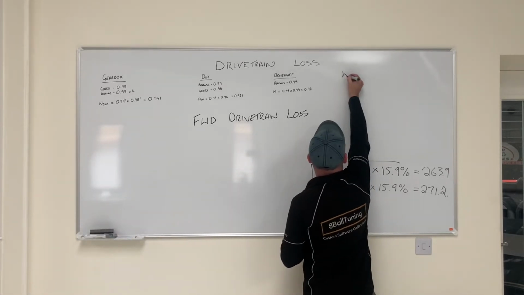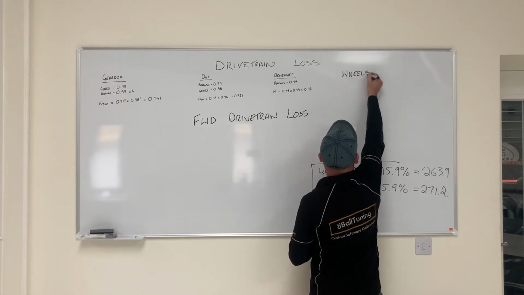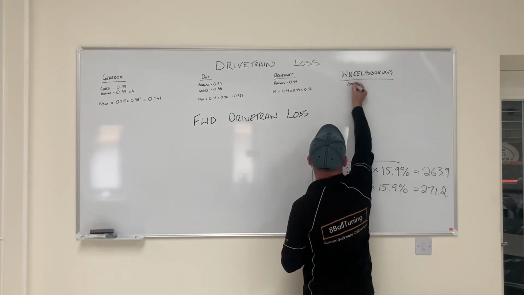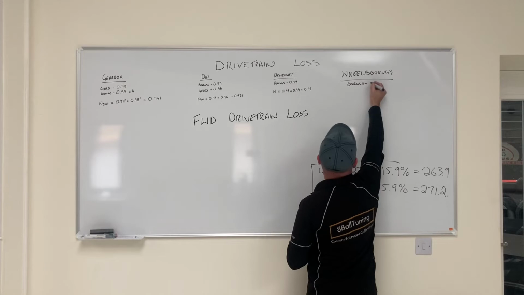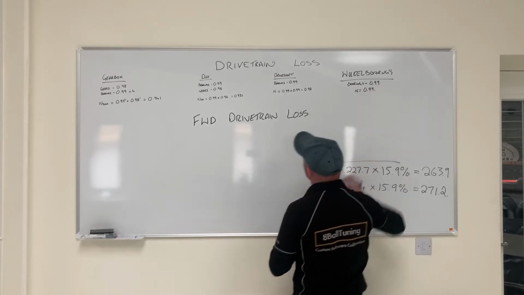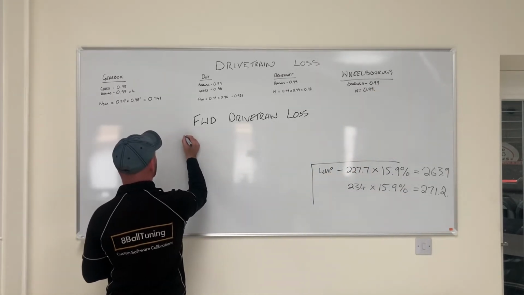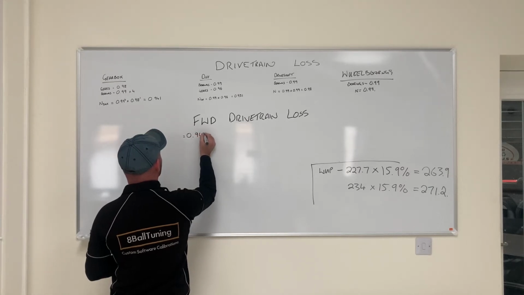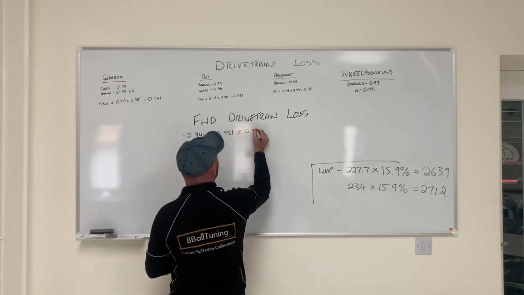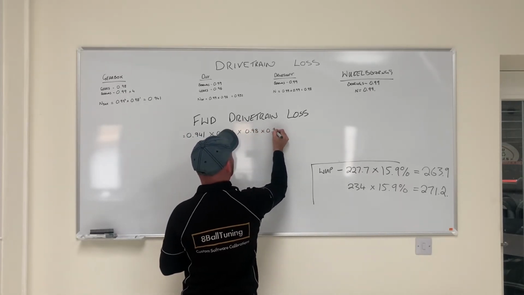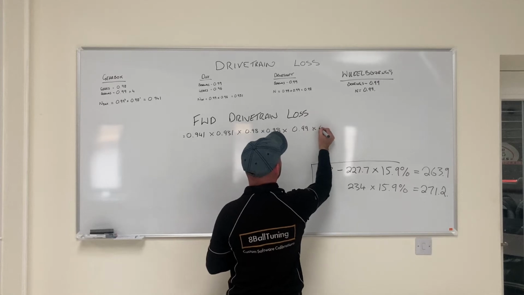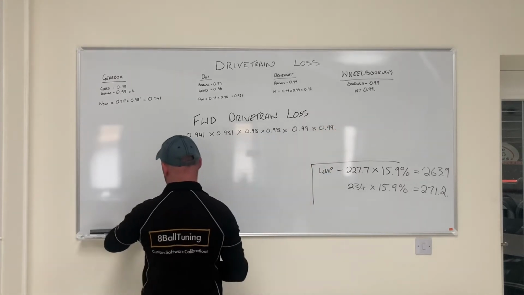So there are bearings, and they will be 0.99, which means our calculation will be 0.941 times 0.931 times 0.98 twice, and then bearings 0.99 times 0.99, because we've got two bearings.